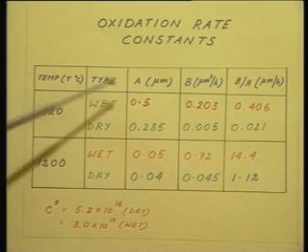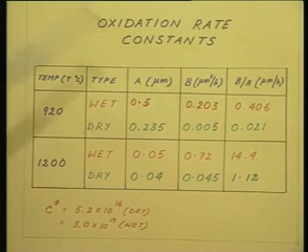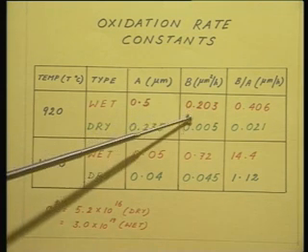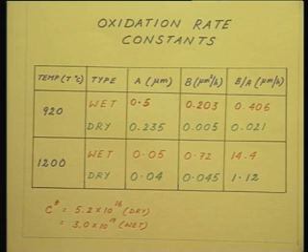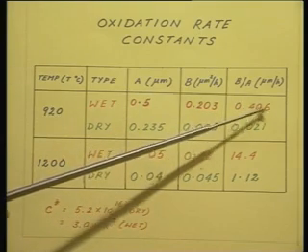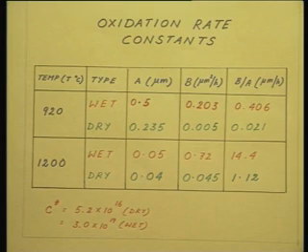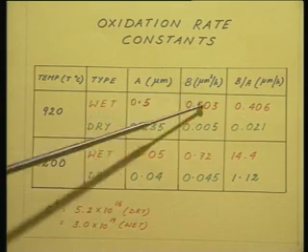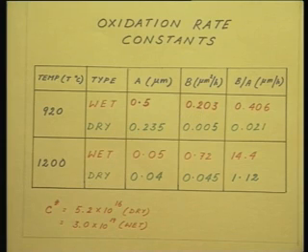A is given in micrometer, that is 0.5, B, that is micrometer square per hour, that is given as 0.203, and B by A, that is the linear rate constant, is given as 0.406. So, this is the linear rate constant, this is the parabolic rate constant. B is the parabolic rate constant, B by A is the linear rate constant.